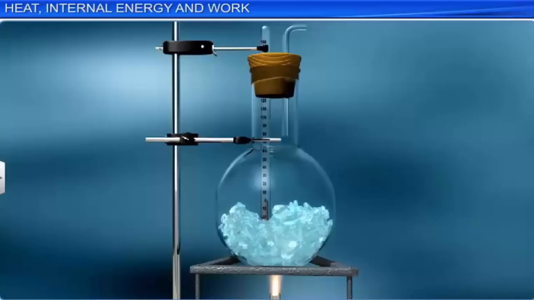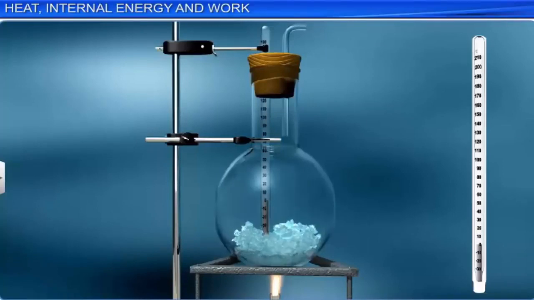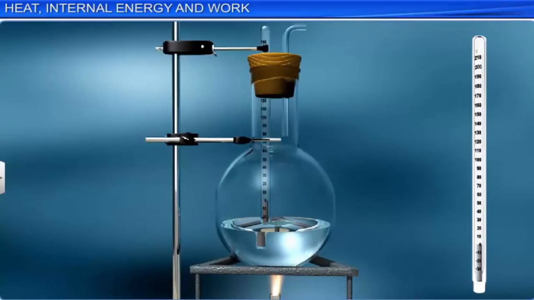For example, ice at 0 degrees Celsius converts to water at 0 degrees Celsius by absorbing heat energy. Though there is no change in the temperature, the internal energy of ice increases when it is converted to water.